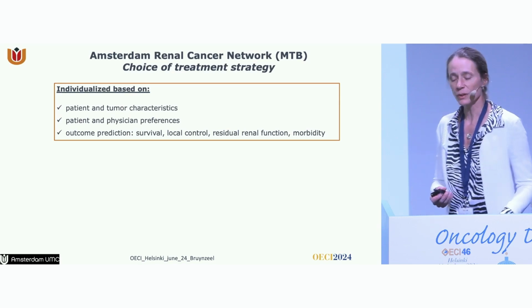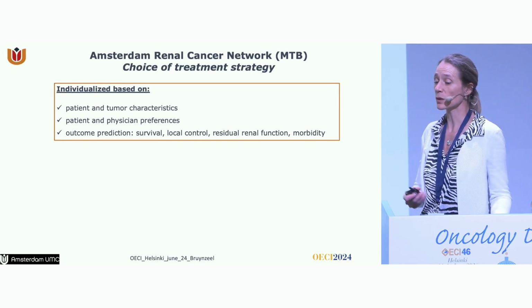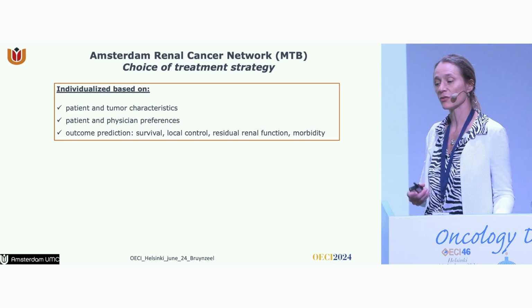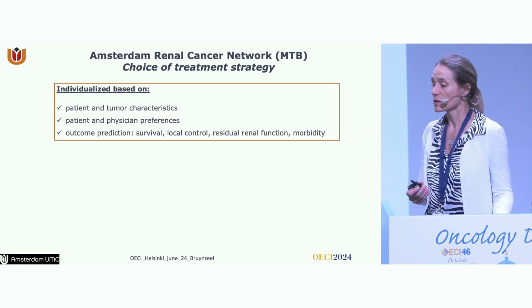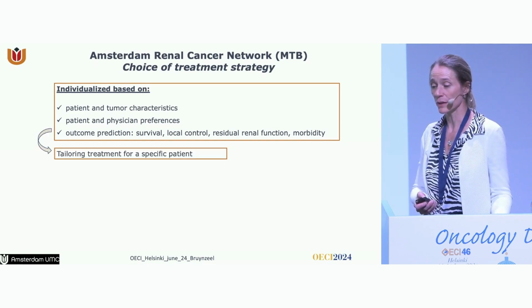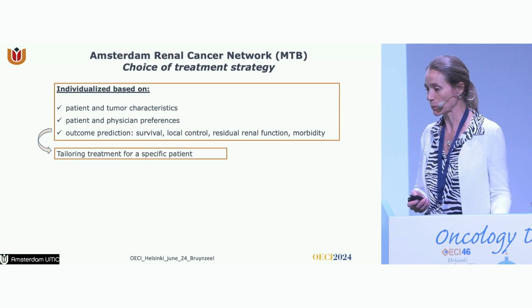And the choice of treatment strategy discussed in our MTB is dependent on patient and tumor characteristics, as well as on patient and physician preferences. And several factors are included in this, such as the residual renal function, the comorbidity of the patient. So tailoring treatment for a specific patient, and SABR is an option.